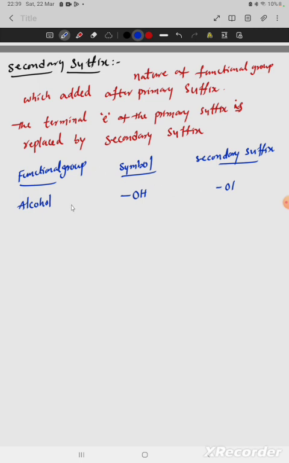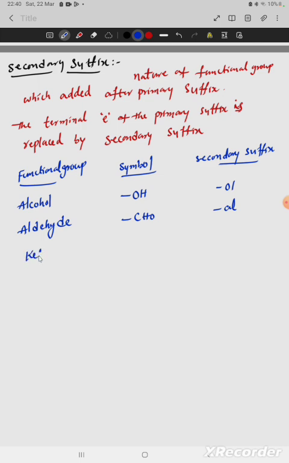Next functional group is aldehyde, its symbol is CHO. Here the suffix is AL.